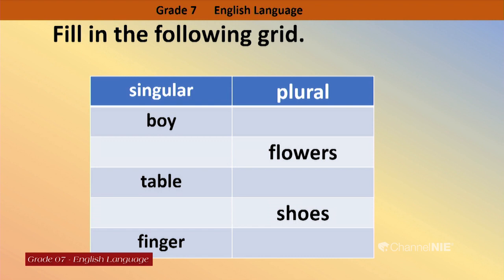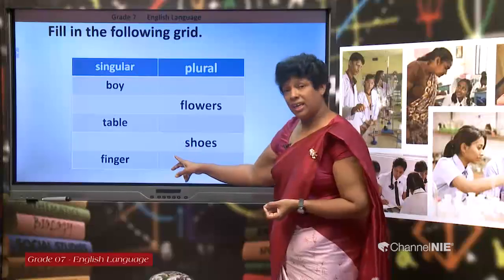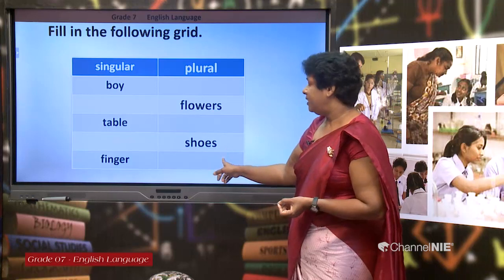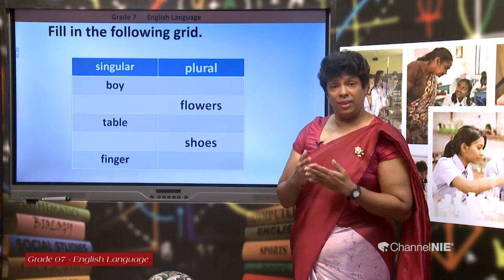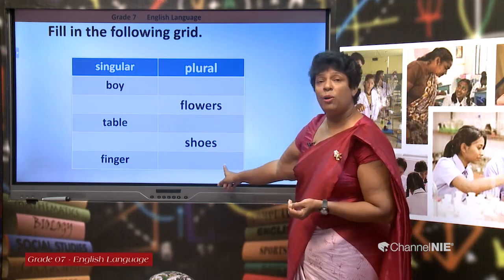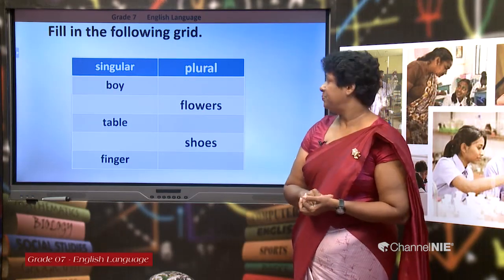Then table, provide the plural. Shoes, you have to write the singular of that. Then finger, and its plural. You have 10 fingers with you, so you know how to write the word.